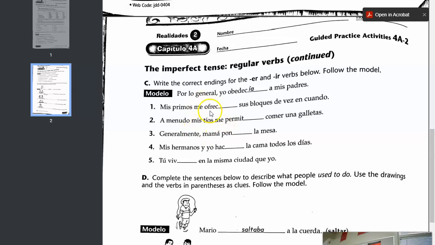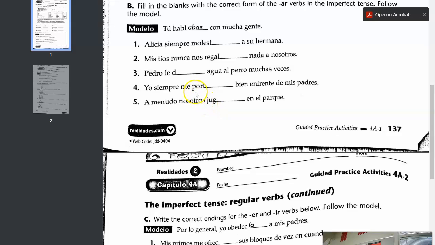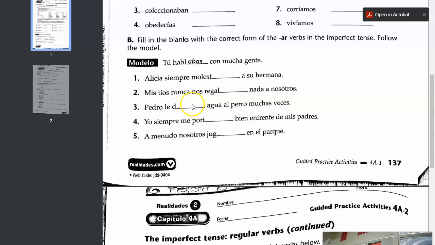And if you're looking at that me and you're like, well, why isn't this the yo form? It's just like what we saw here for number 2. This is called an indirect object pronoun. It doesn't indicate the speaker, it indicates the recipient of the action. It's not the verb agent, it's not the subject, it's the recipient.